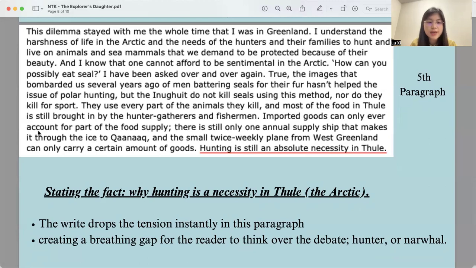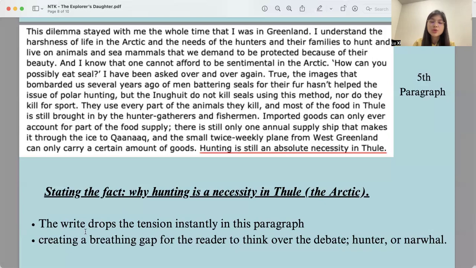Imported goods can only ever account for a part of the food supply, and there is still only one annual supply ship, one every year, that makes it through the ice to this place. And the small twice weekly, bi-weekly plane from West Greenland can only carry a certain amount of goods. Once again, the writer explained why hunting is still an absolute necessity in Thule.